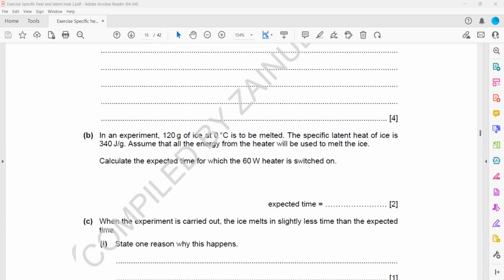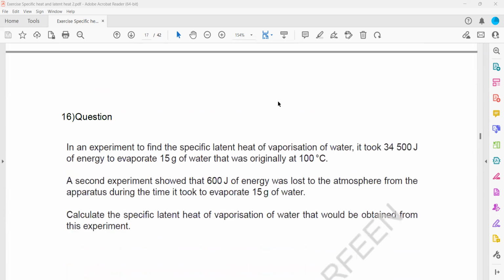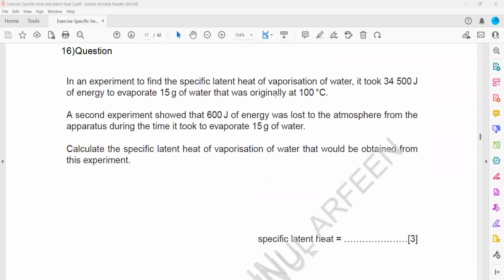No, not a lid here. You cannot mention a lid. It's only insulate or wrap, use aluminum foil, which is a reflecting surface.